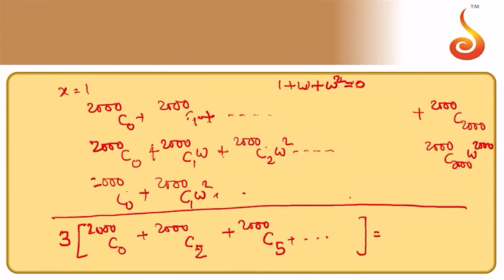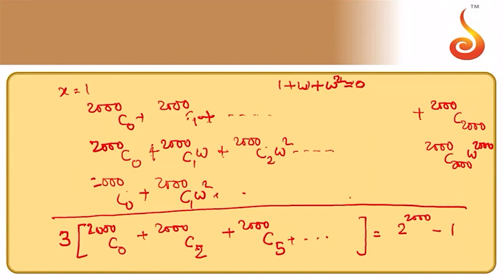This will give you 2000 C2, 2000 C5 and so on. So this is nothing but, in the case of 1 plus x, with x equal to 1, we get 2 to the power n, that is 2 to the power 2000.